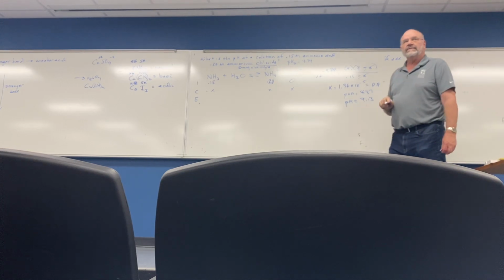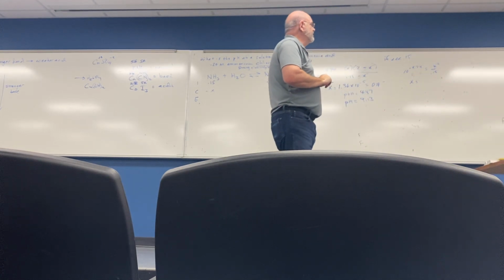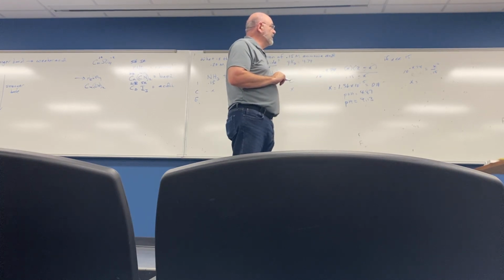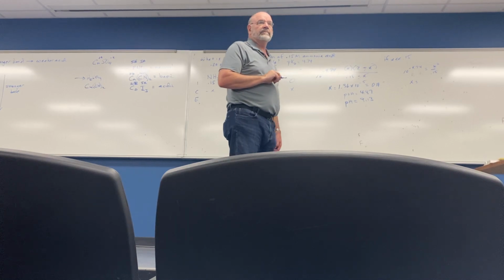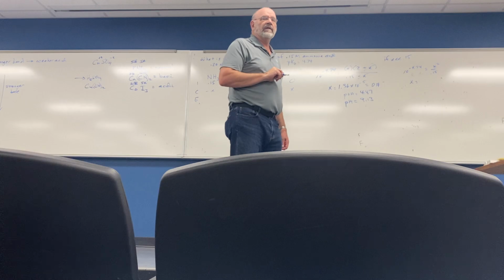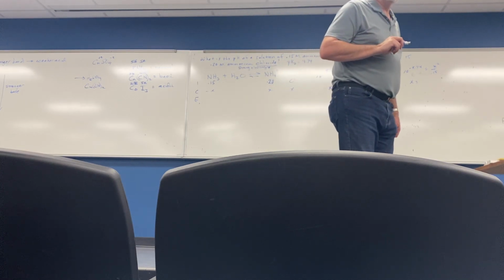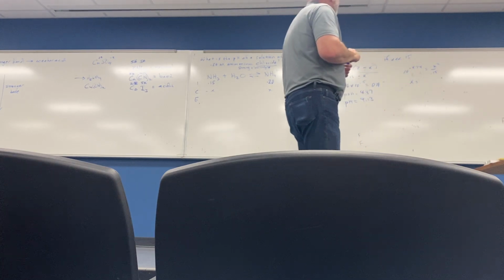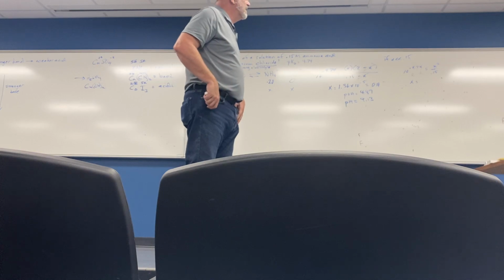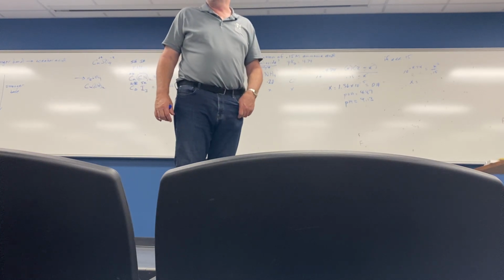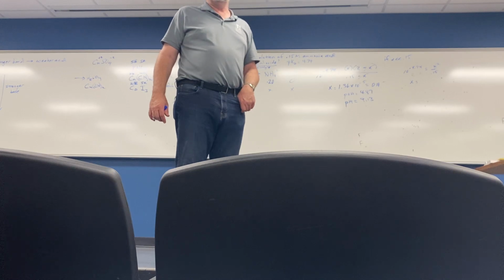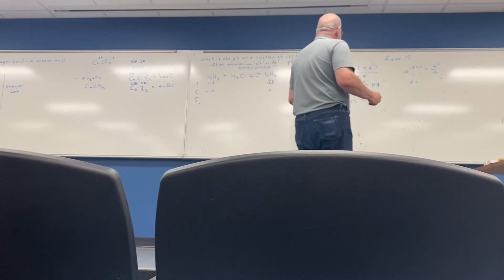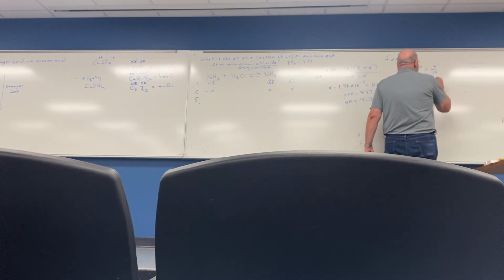So what would x be now? 10 to the minus 4.74 times 0.15 is 0.0017, so 1.7 times 10 to the minus third.